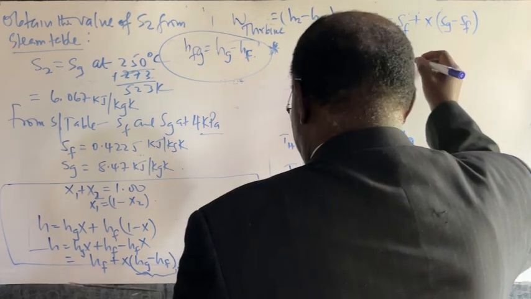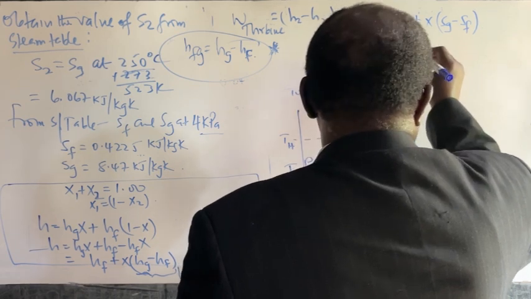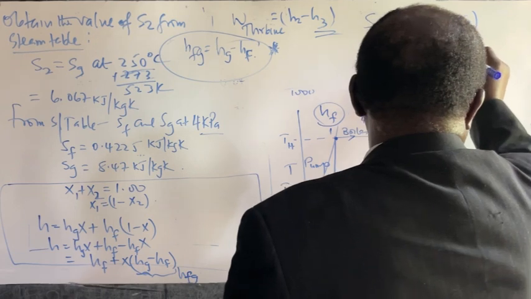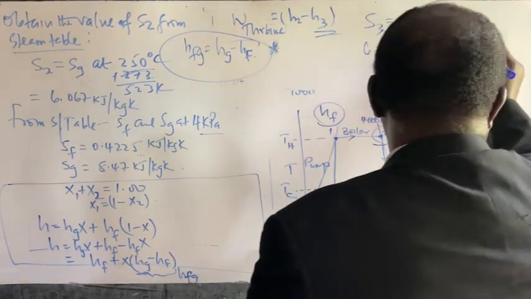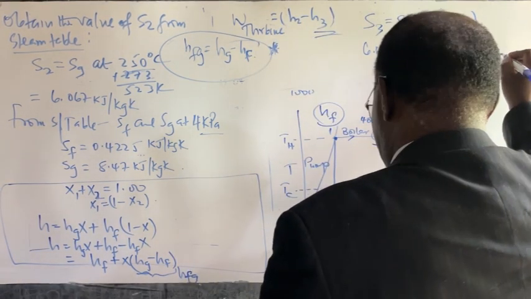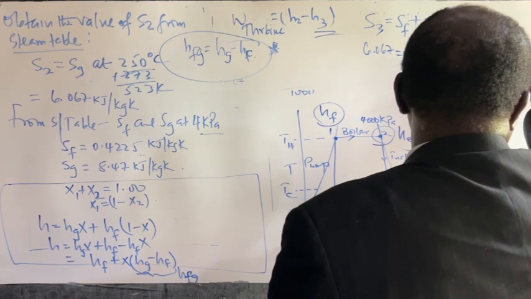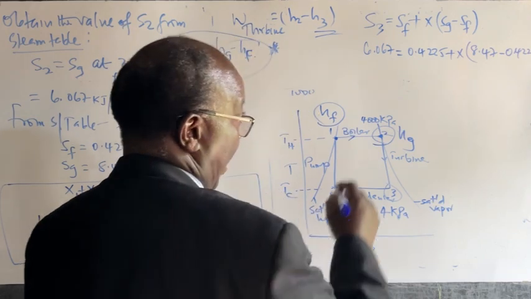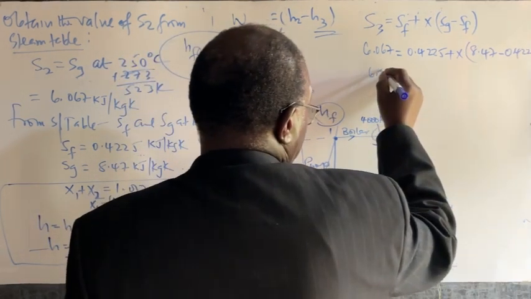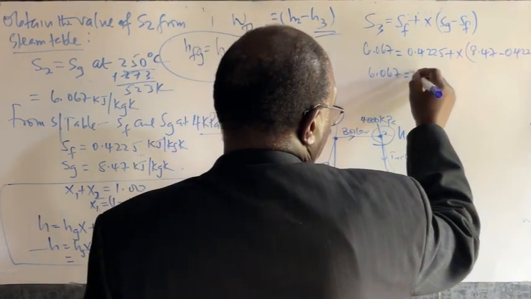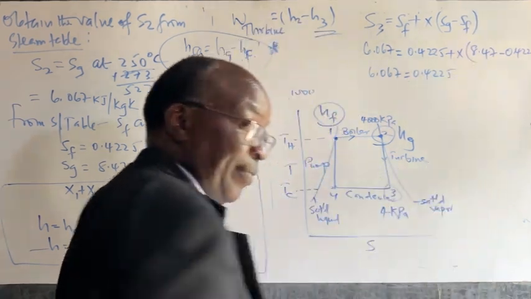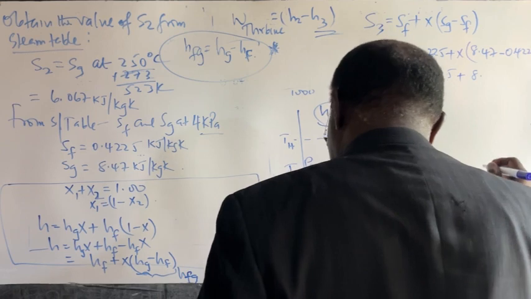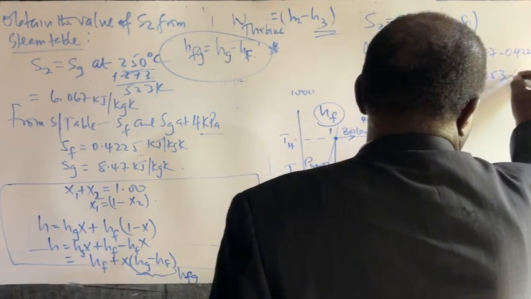The value for Sf at 4 kilopascals is 0.4225 plus X into 8.47 minus 0.4225. If we simplify it further, then 6.067 is equal to 0.4225 plus 8.053X.